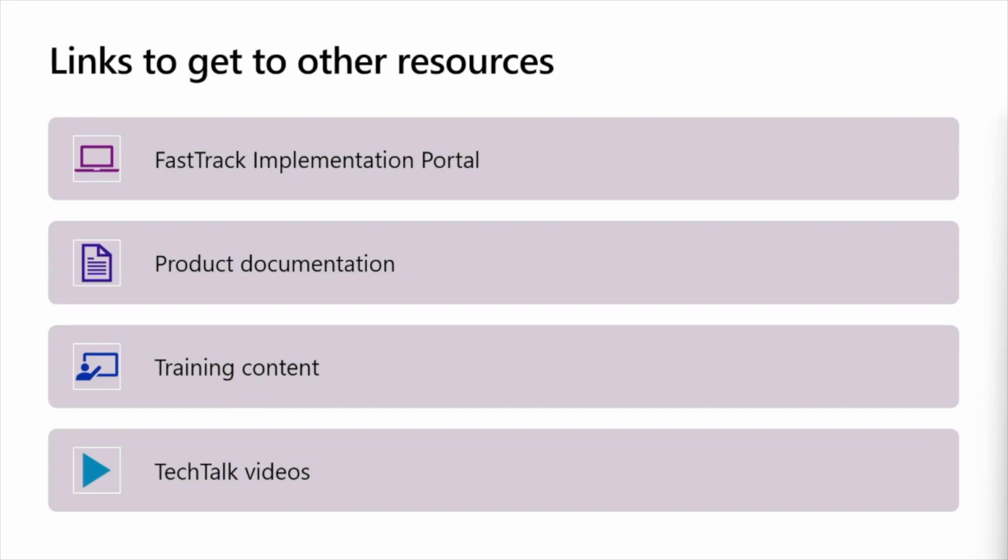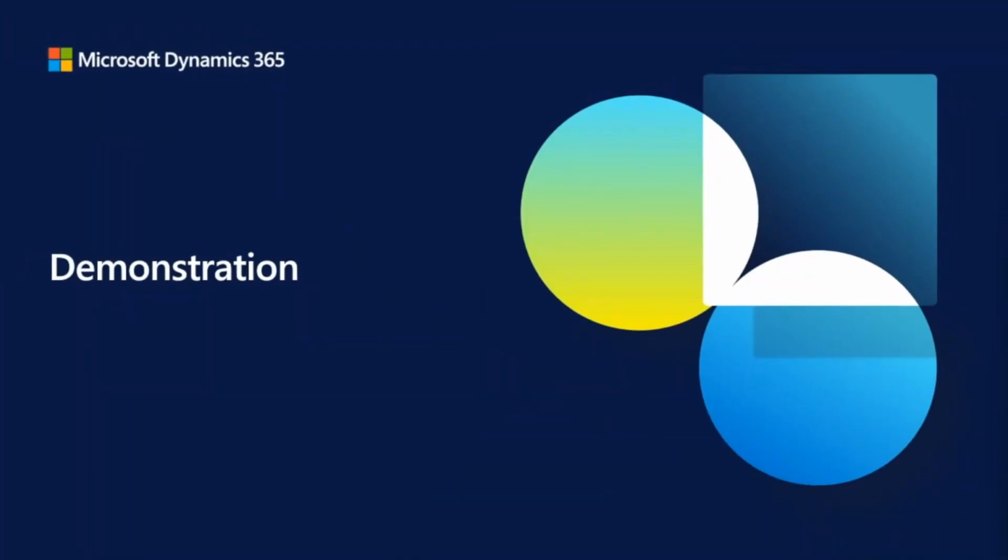If you're on our Guidance Hub or you're aware of another resource that isn't available in our Guidance Hub and you're having to go to multiple different places, and we've missed some content, we invite you to give us feedback so that we can get that content added. Our goal is to make it that one-stop shop so you don't have to go to lots of different places to find your content. So with that, we're going to switch over and do a demonstration.